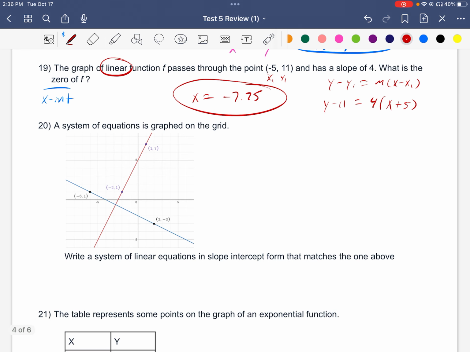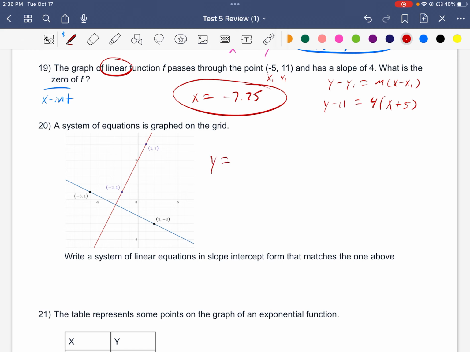All right, a system of equations is graphed on the grid. Write a system of linear equations in slope-intercept form that matches the one above. Okay, so I think the question on the test gives lines and has you match up the lines with the graphs. So let's do the red line. I want it in slope-intercept form, so I'm going to do y equals.